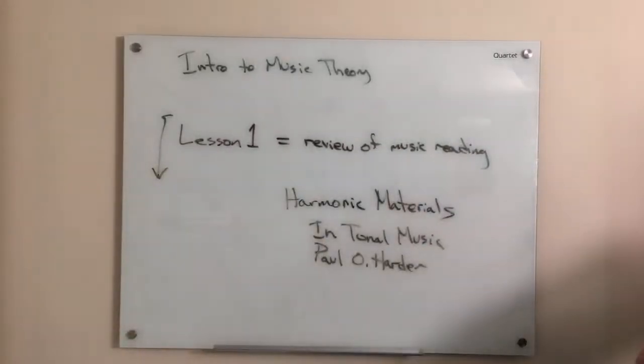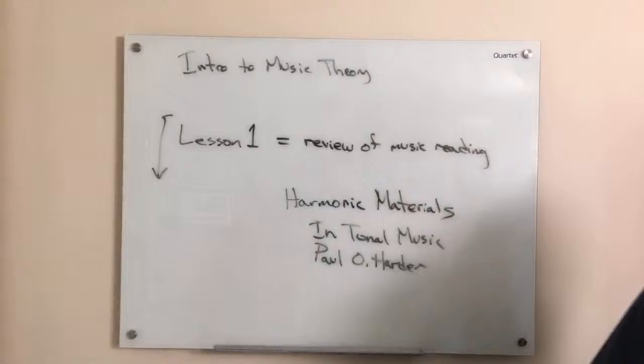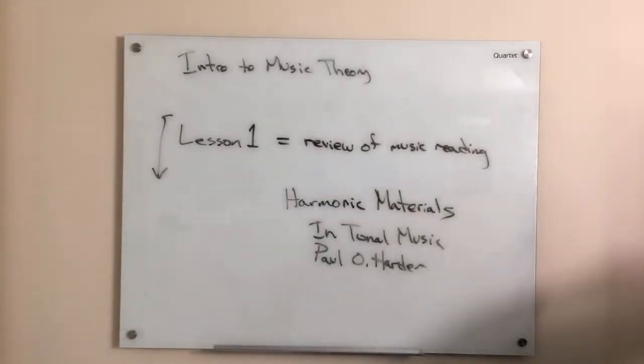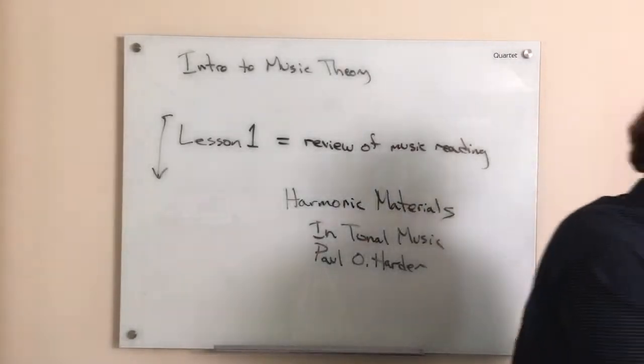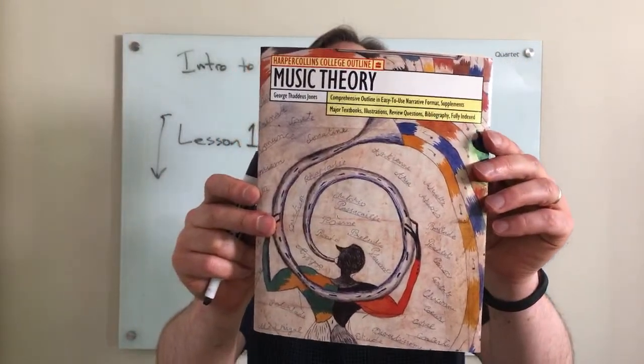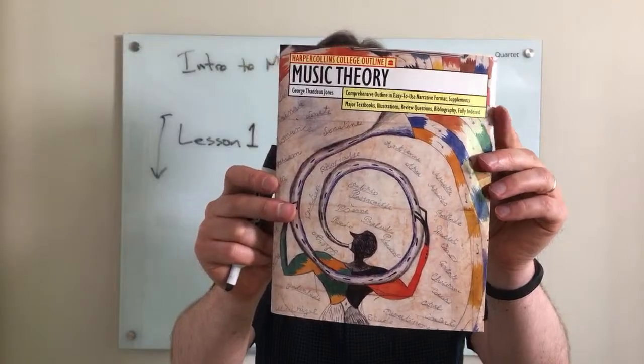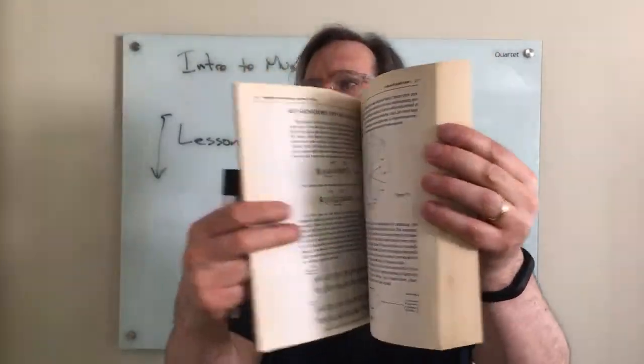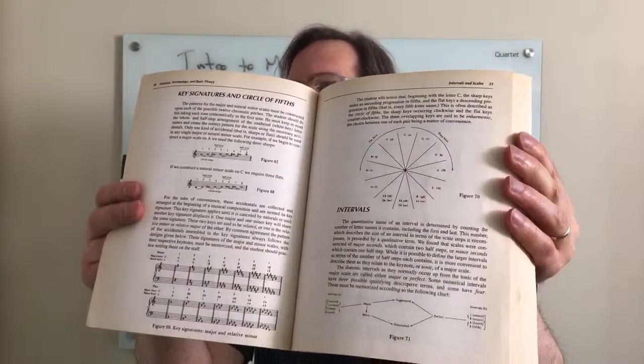The other is the HarperCollins College Outline, which is a music theory book. It's a cheap book. It's nothing fancy, but it's got the information. Mine's an old copy.